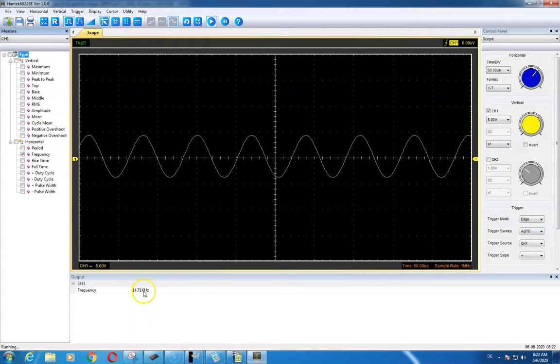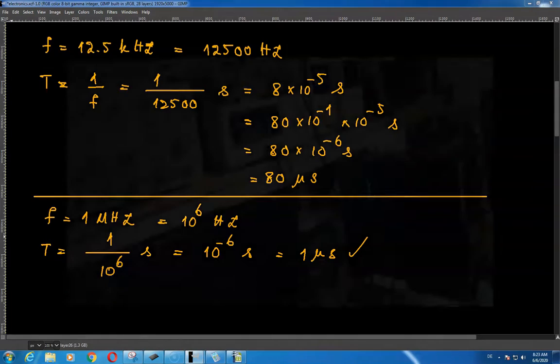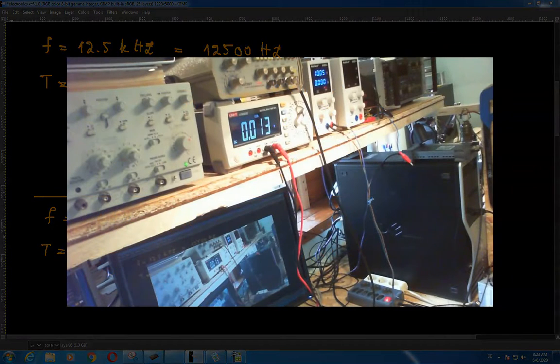It's about 14.7 kilohertz, right? It's either 14.3 or 14.7. So that essentially tells us that the reading is not that far off.